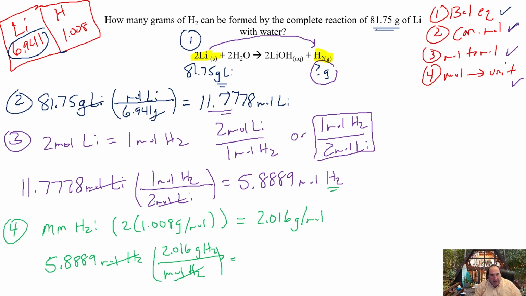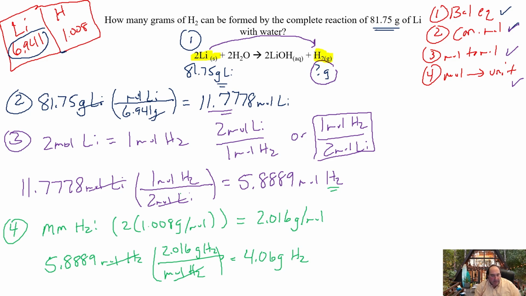Looks like maybe 4.06 grams here of H2. So once again, you should hopefully be able to see that it is just the same 4 steps along the way.